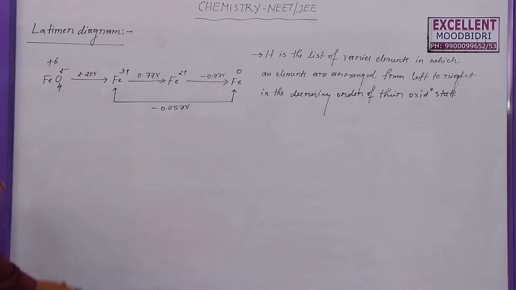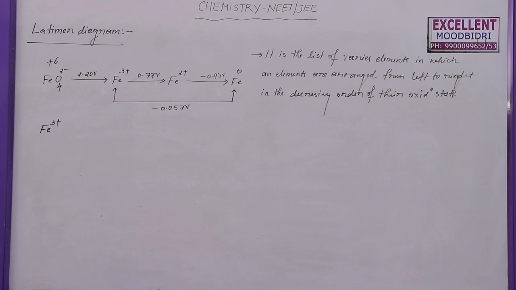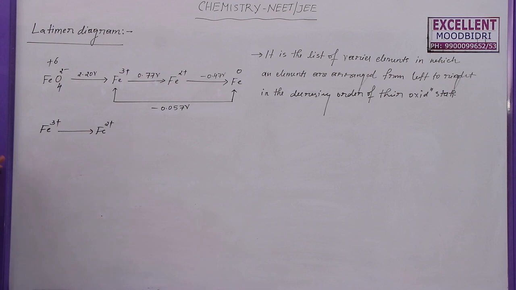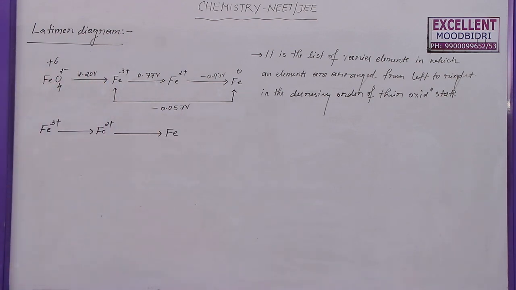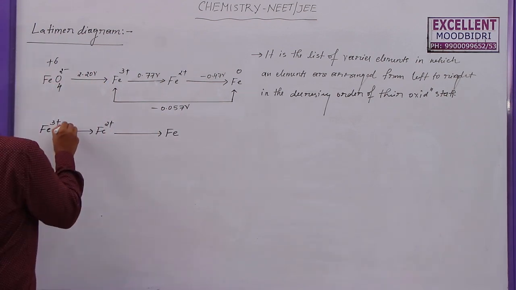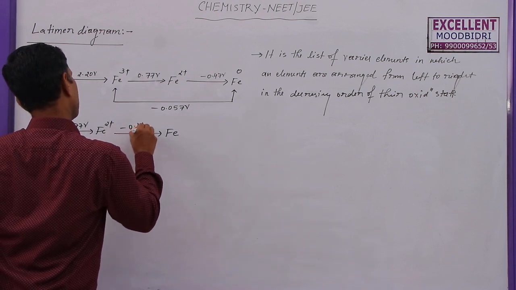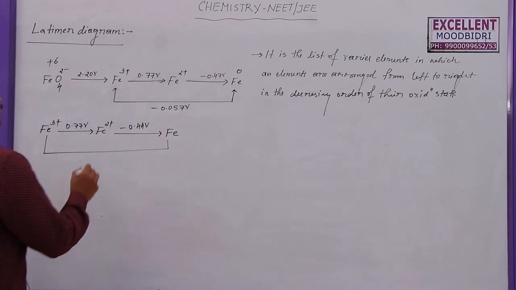First Fe3 plus to Fe2 plus, and Fe2 plus changes to iron. They give 0.77 volt and minus 0.44 volt. They ask to find out Fe3 plus to Fe, what is this value?